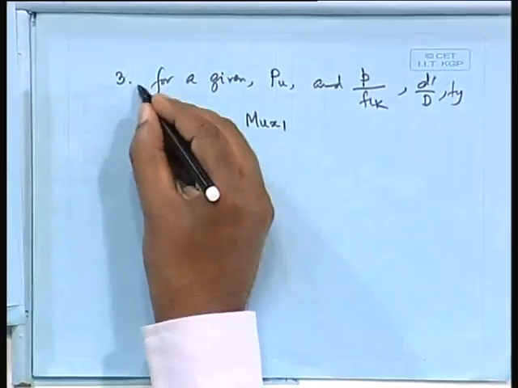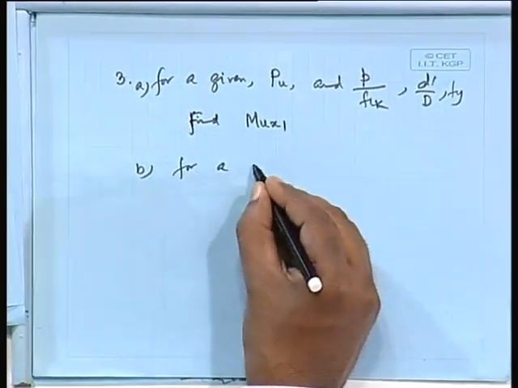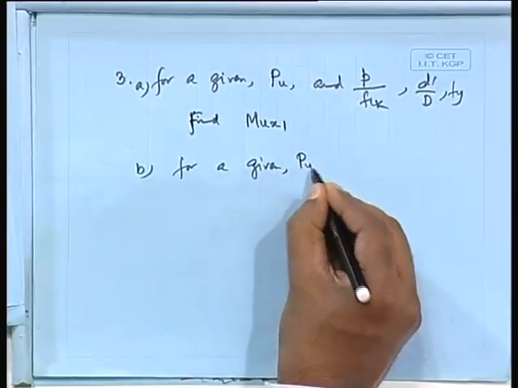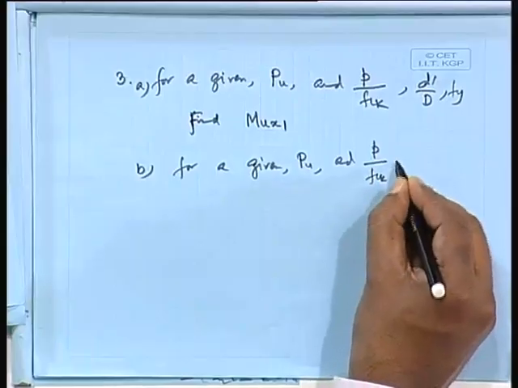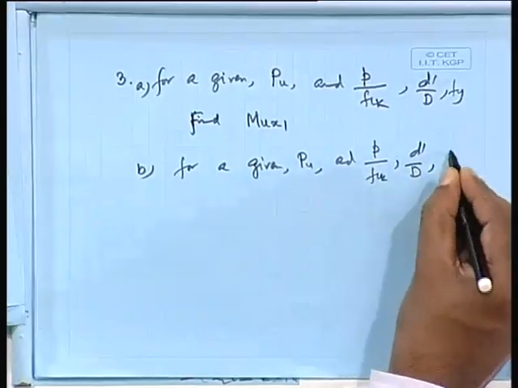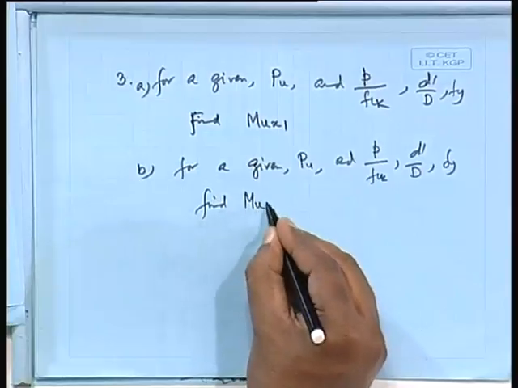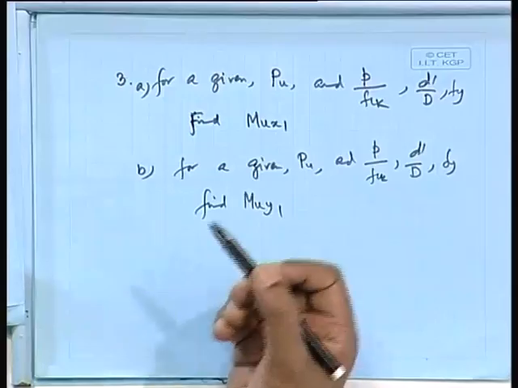Similarly, for the same Pu and P by FCK, D dash by D and Fy, I can find Muy1. That means I can find out about the other axis.